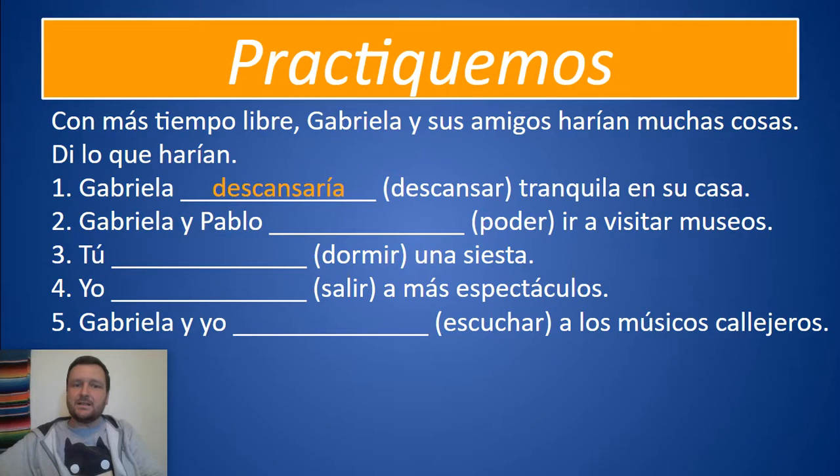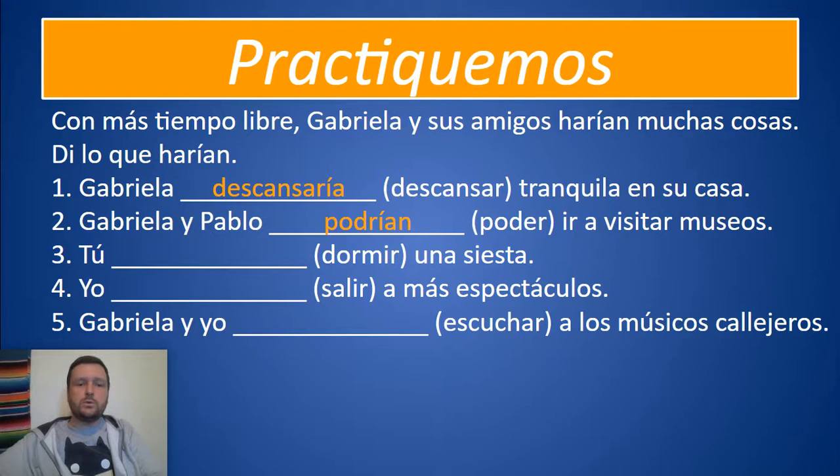Gabriela descansaría tranquila en casa. So Gabriela would rest calmly at home if she had more time, but she doesn't. Gabriela y Pablo, poder ir a visitar museos. Gabriela y Pablo podrían, this is one of our irregular stems, ir a visitar museos. Gabriela and Pablo could go visit museums.